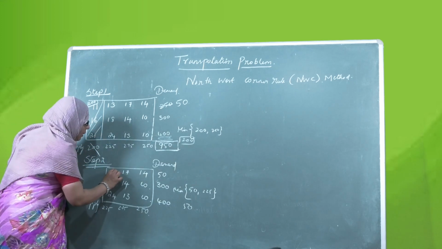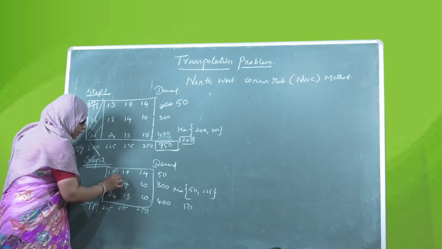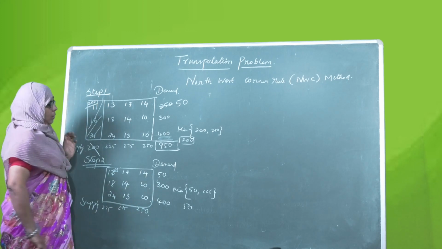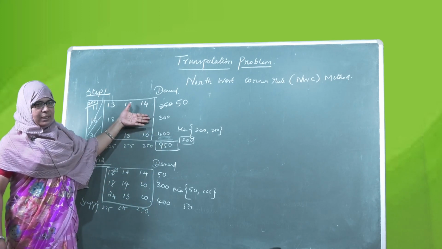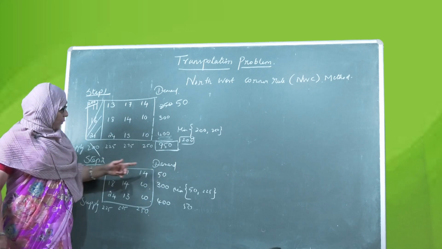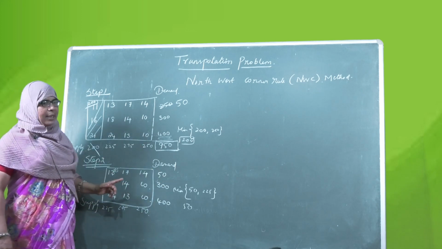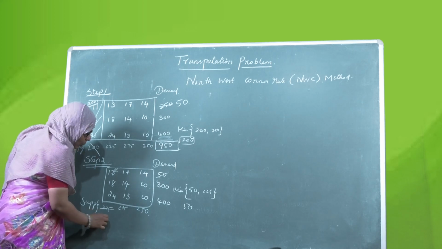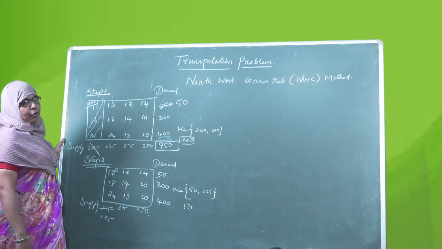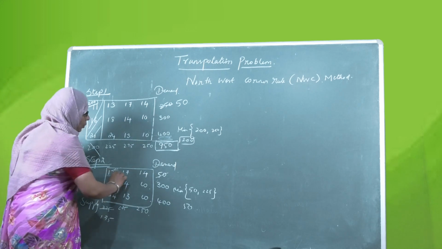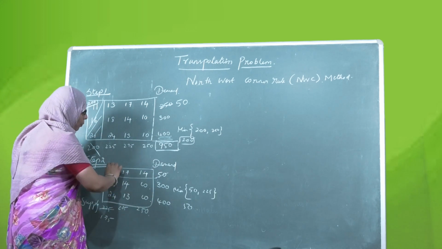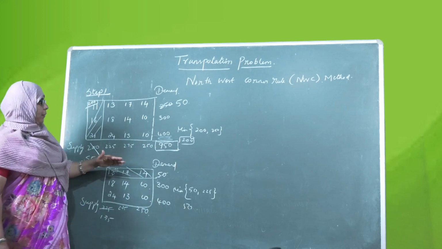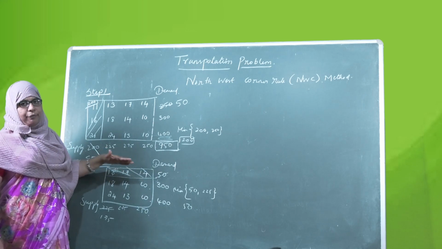Then, as in the previous step, subtract 225 minus 50 and we get 175. Since 50 is exhausted, the first row completely vanishes.